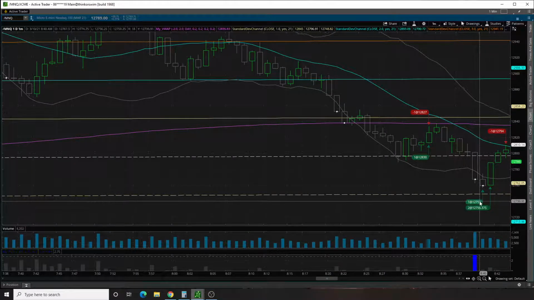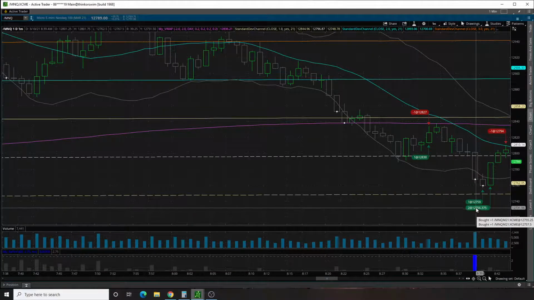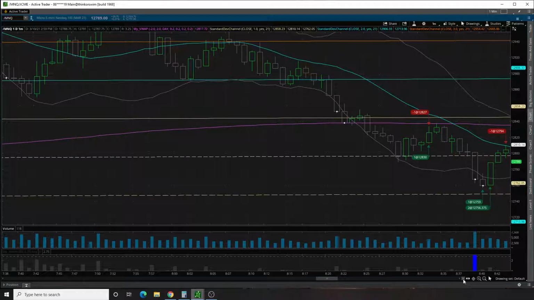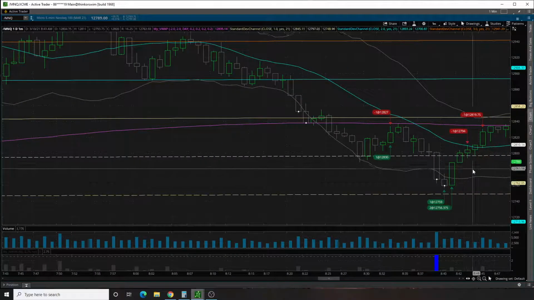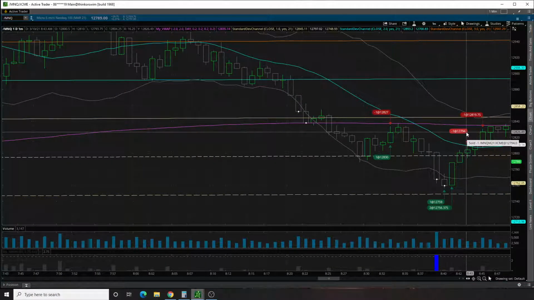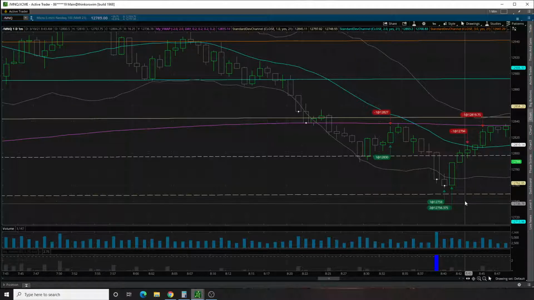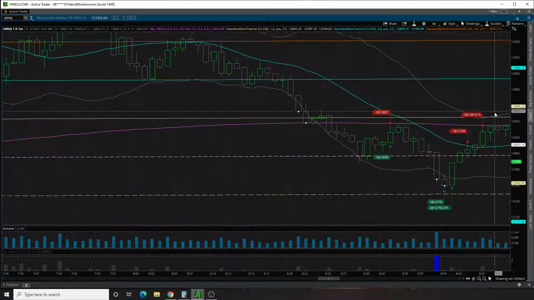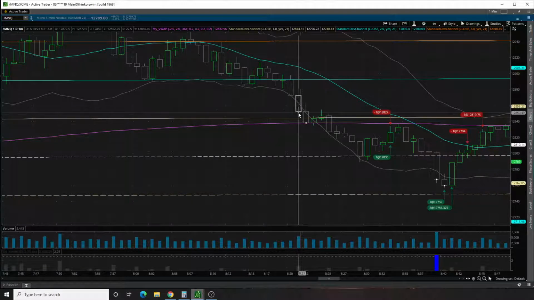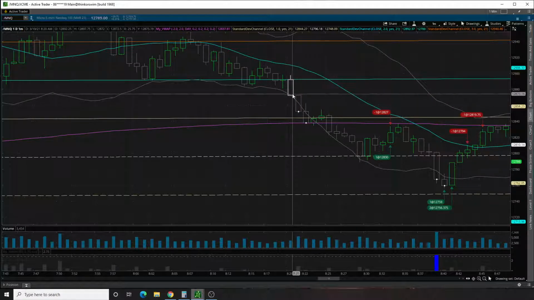And so long one here at 59, long two at 756, out one at 94, out one at 19, and holding one contract here for a push higher, maybe up into this area where my cursor is.